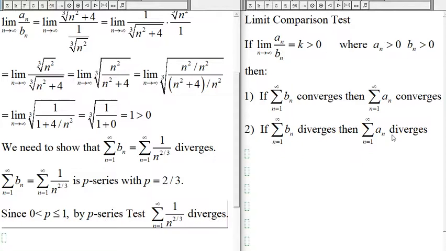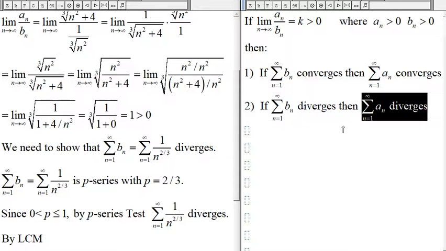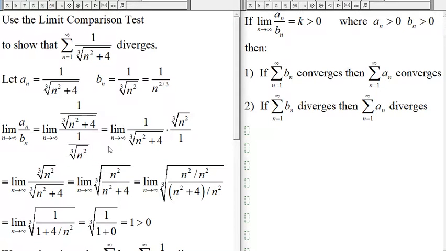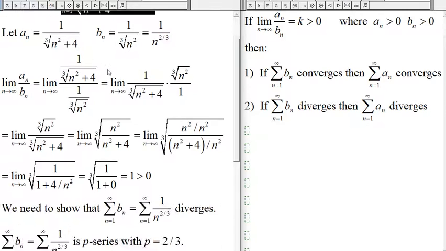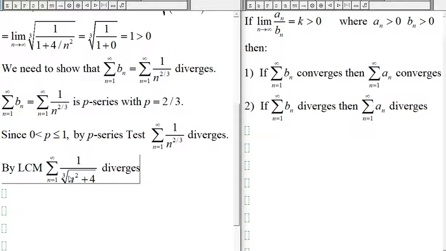Now we can say that the series a sub n diverges also. So this is the series a sub n. We have shown that b sub n diverges, and therefore now we can say that the series a sub n diverges also.